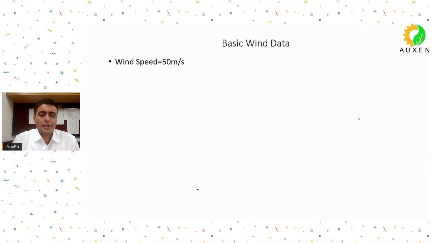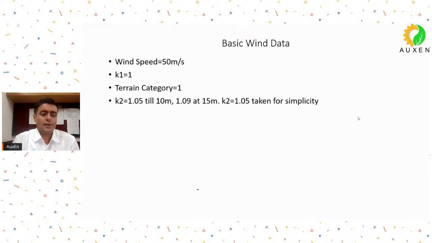The basic wind data that we are going to consider for this discussion would be 50 meter per second wind speed, K1 factor of 1, terrain category 1, K2 1.05 till 10 meters because of terrain category 1, and 1.09 at 15 meters because the K2 value changes with the altitude.